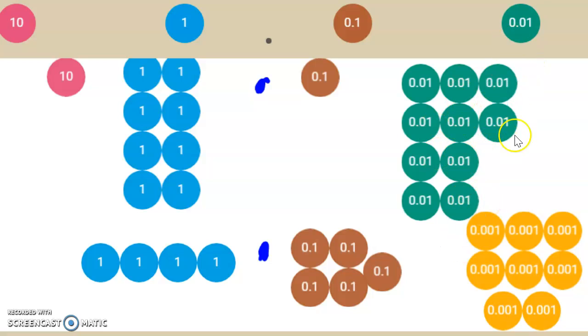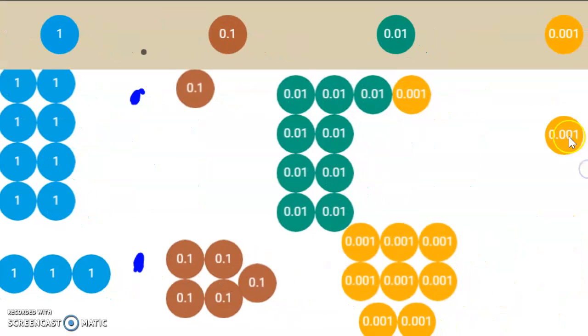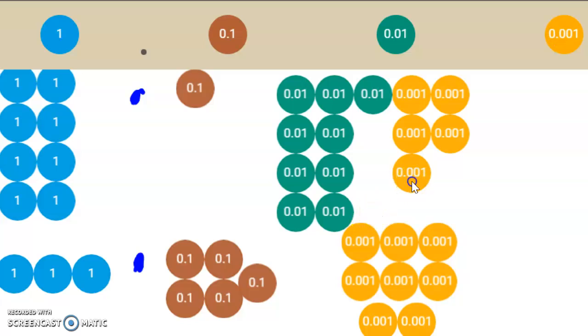So now one of these gets exchanged for 10 thousandths. And I'm going to slide this over here a little bit so we can see it easier. And I don't want to combine those two and get confused, so I'm going to move them up here.